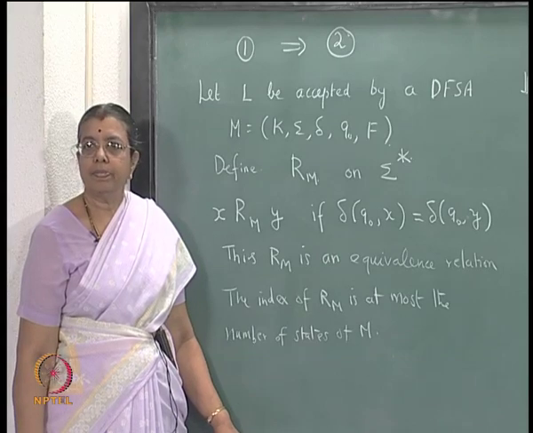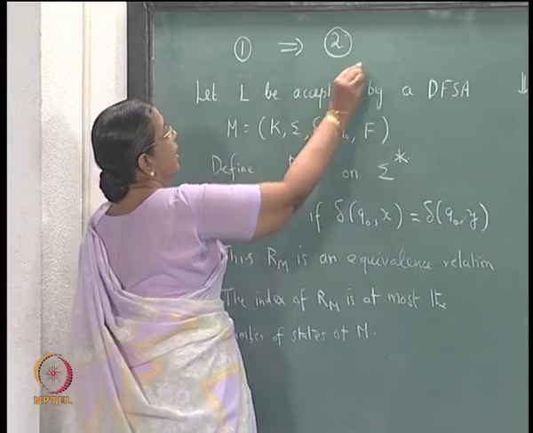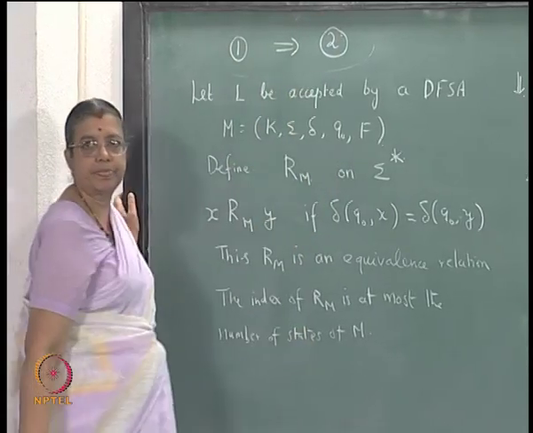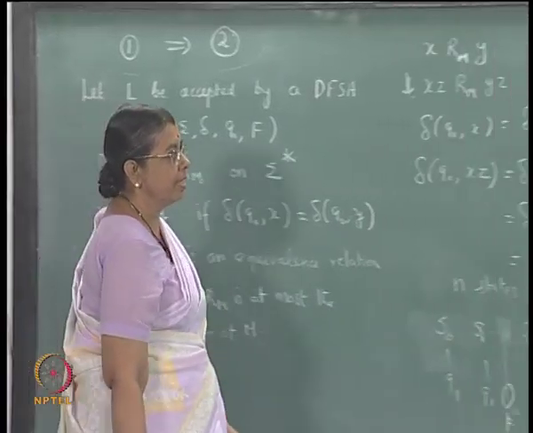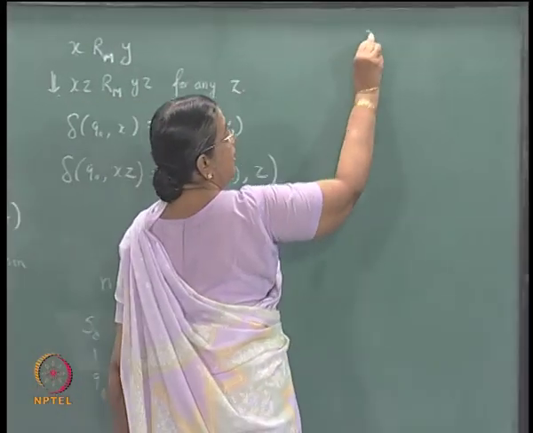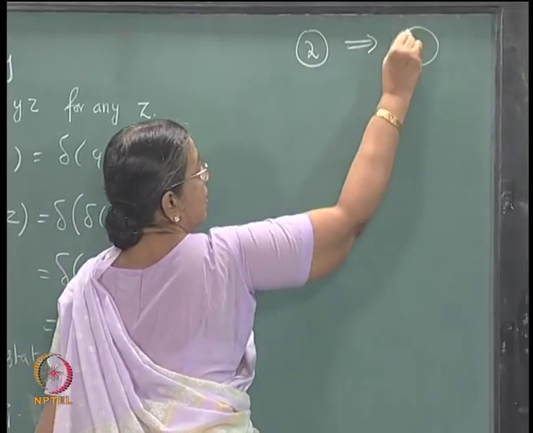Is that clear? So, this is essentially this part, right. Now, we will go to the next implication, 2 implies 3.